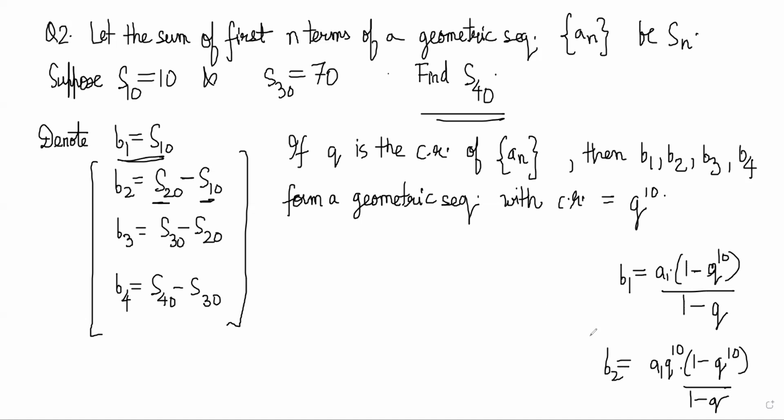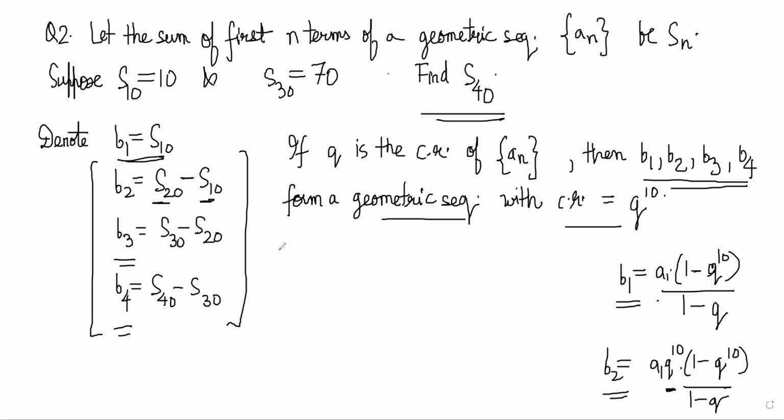And similarly, can you see that B1 and B2, the ratio is Q power 10. You can confirm similarly B3 will be B2 into Q power 10 and B4 will be B3 into Q power 10. So we have this nice relation that B1, B2, B3, B4 form a geometric sequence with common ratio Q power 10.